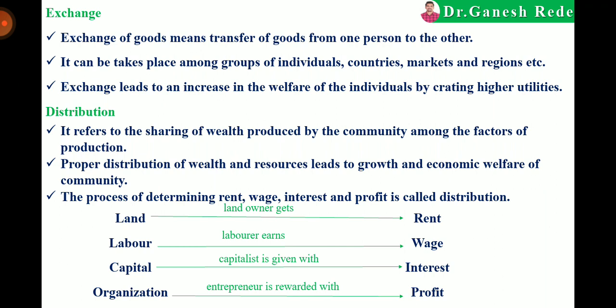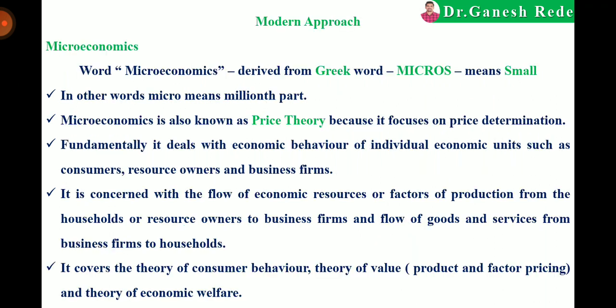So this is about the divisions of economics in the traditional approach: consumption, production, exchange and distribution. Now next is the modern approach, which includes microeconomics and macroeconomics.